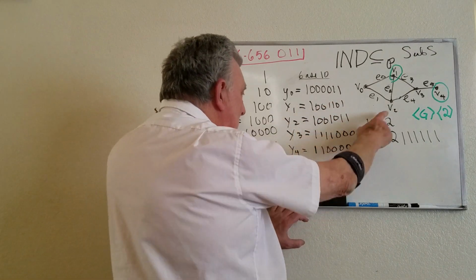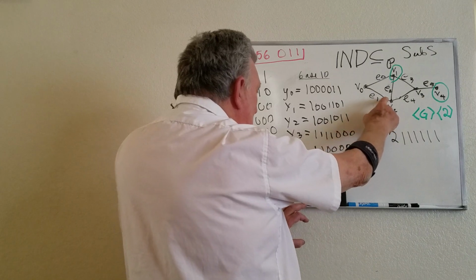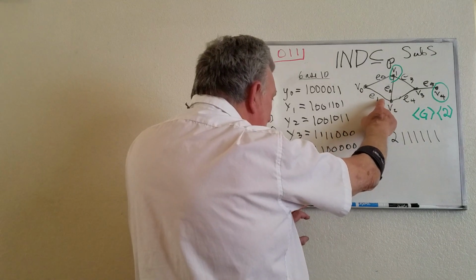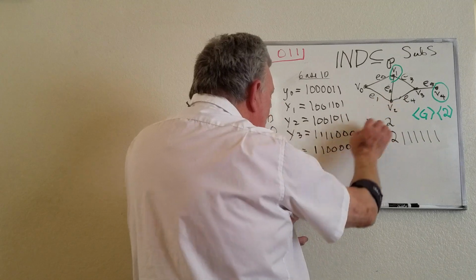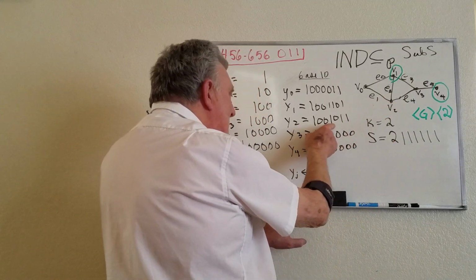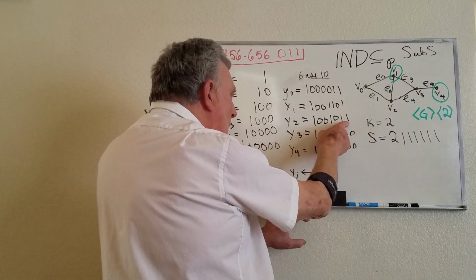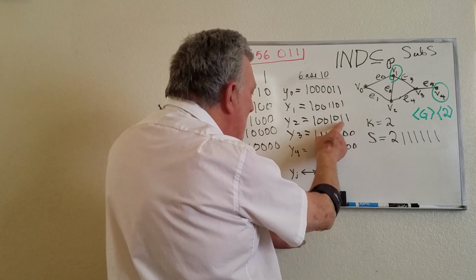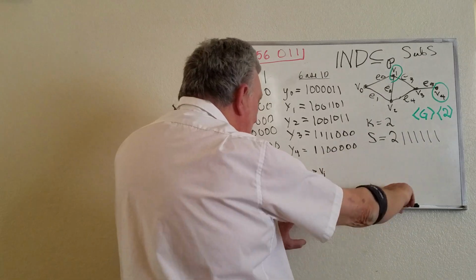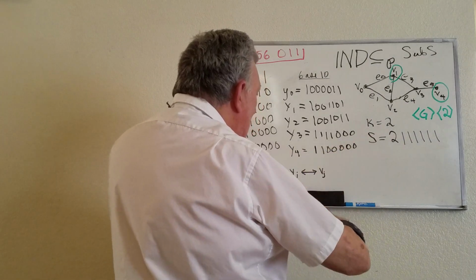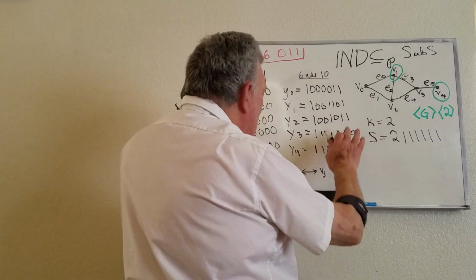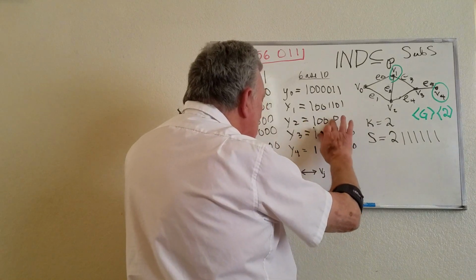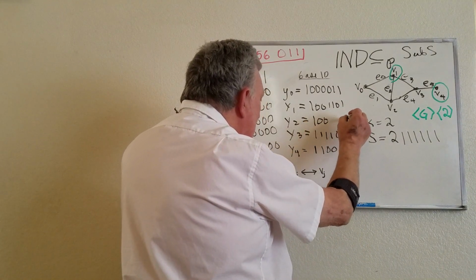And similarly, let's say V2 touches edges E1, E2, E4, so we have 1s in positions 1, 2, and 4. Did I get that wrong? Yes, I think so. These are positions, I made a mistake there. Positions 1, 2, and 4 are here.